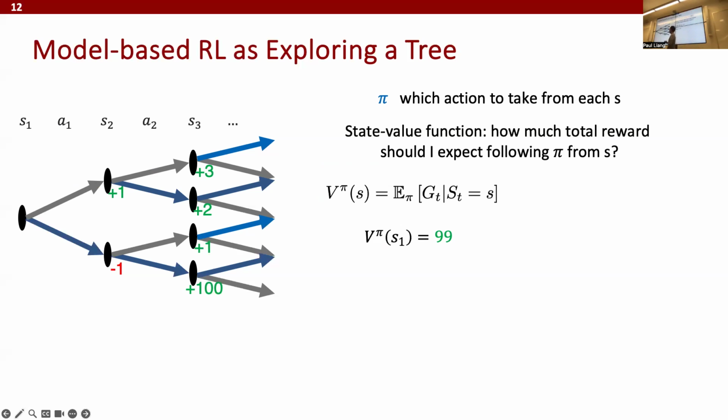So normally there could be more things that I'm not drawing, and normally there might be a discount, to show that things that are in the future may be less valuable. But in this case, if this blue thing is the policy, then it's going to get -1 now, you'll get +100 in the next step, and you get more. So yeah, I would say that the total long-term value is 99. Okay.